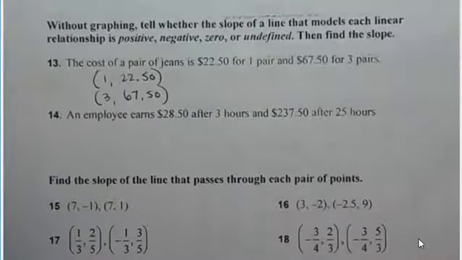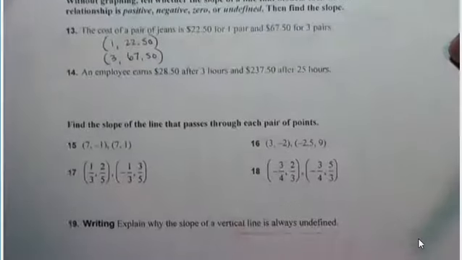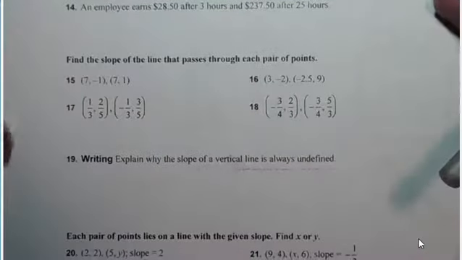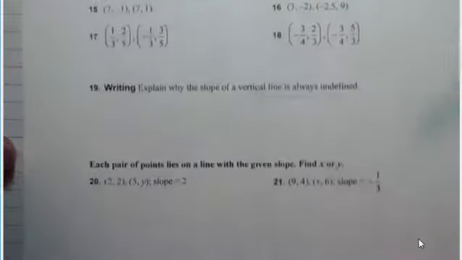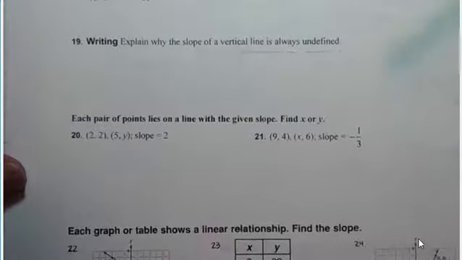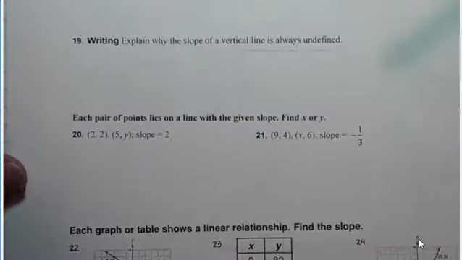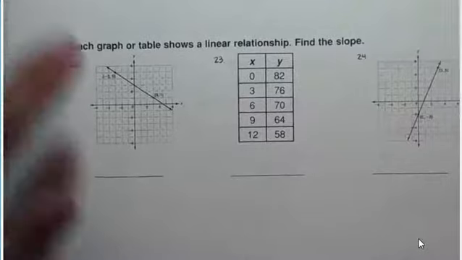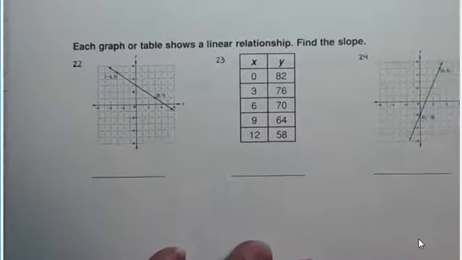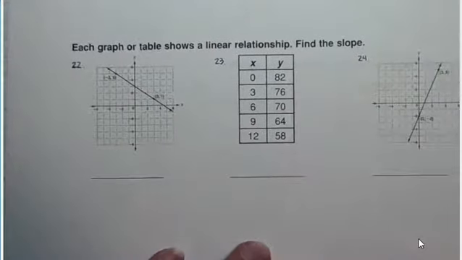Okay, so 13 and 14 is that way. 15 through 18 is giving you those 2 points. And 20 and 21 is a little bit more challenging, but you have to think about what you know and how to find what they want you to find. Okay, again, self-explanatory. 22 to 24, they're giving you graphs, tables. You have to find the slope for each one.